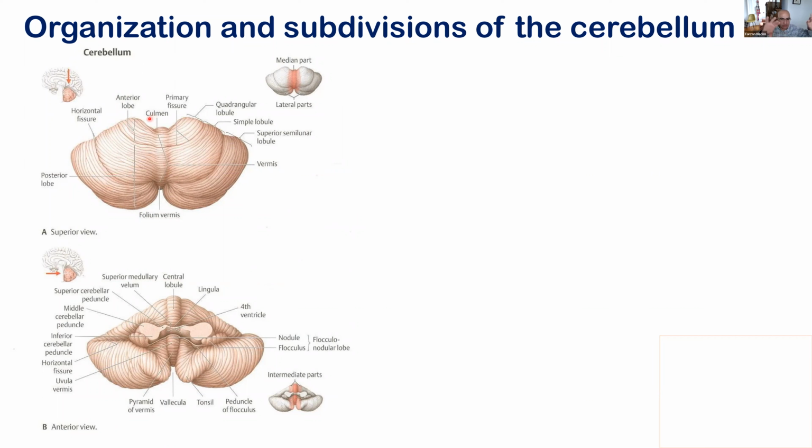So these are the different lobes of the cerebellum: the anterior lobe, the posterior lobe, and the middle lobe, which is sometimes referred to as the flocculonodular lobe. But I'll come back and discuss this when I show you those two little structures.